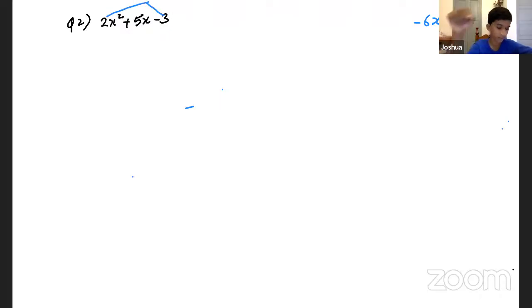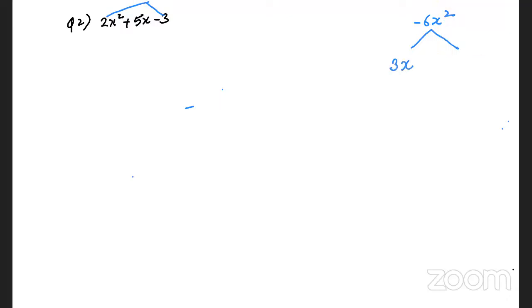So 2 into 3 will become 6x squared, and the answer will be minus 6x squared because the minus sign is also there. Now, if you take 3x and 2x and multiply them, you will get plus 6x squared. But you need minus 6x squared.